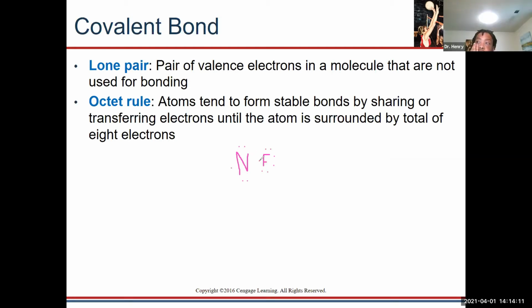Okay. So here we have 5 and 7. If we were putting these together, 5 plus 7 equals 12. So we have 12 electrons to work with. Okay.